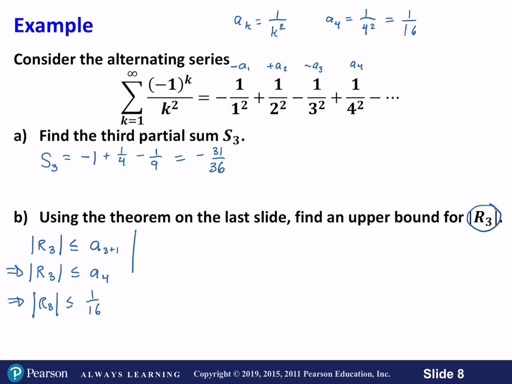So here's the interpretation of what we have just said. S3 is equal to negative 31 over 36.